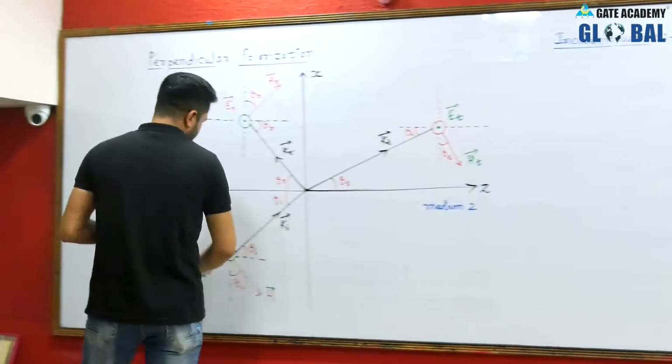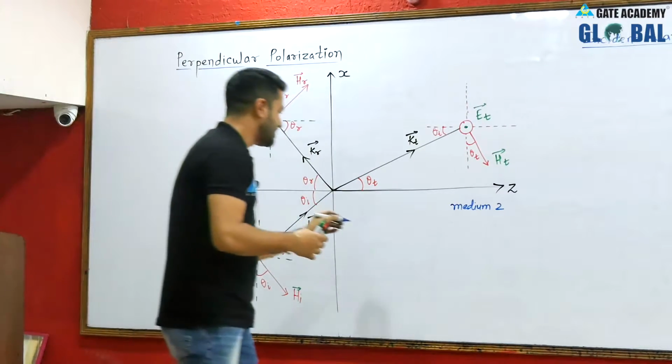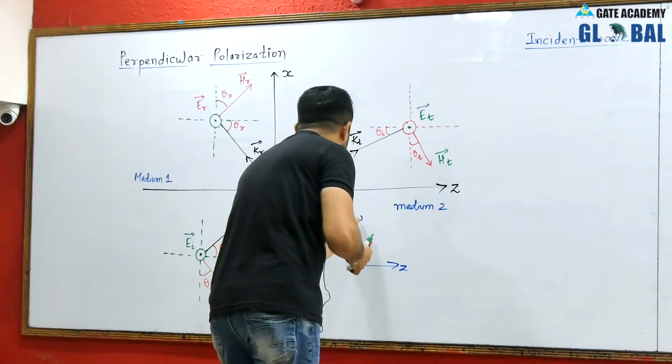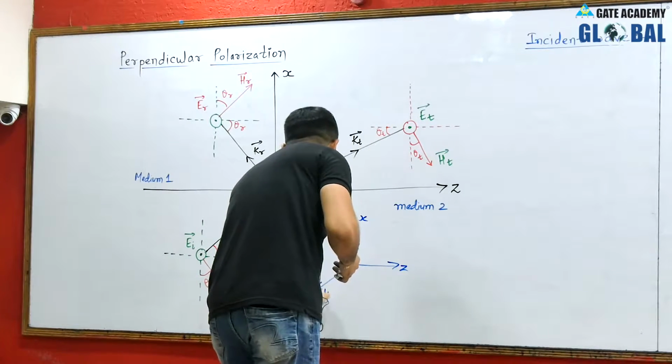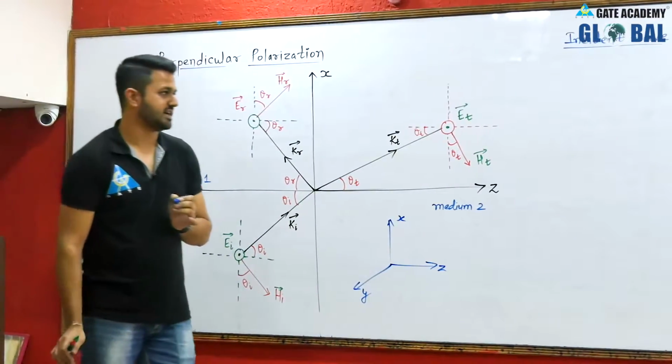The incident wave electric field is in which direction? This is x and this is z. According to the coordinate system, outside the board will be the y-axis, so the positive y-axis. So the electric field has the positive y direction.